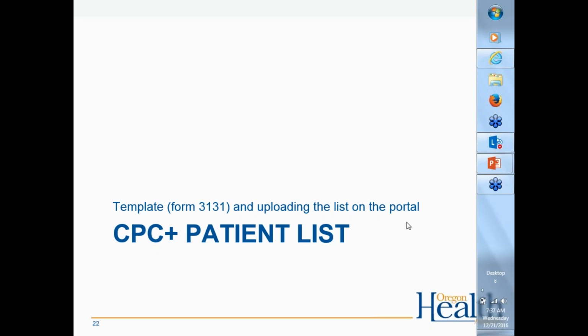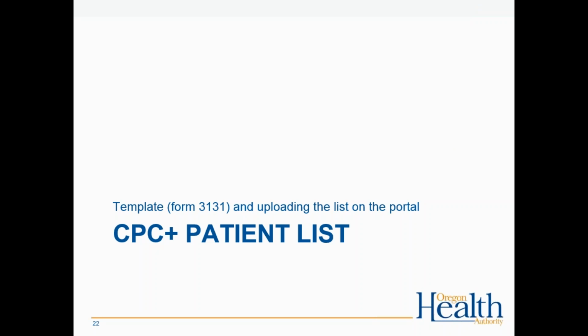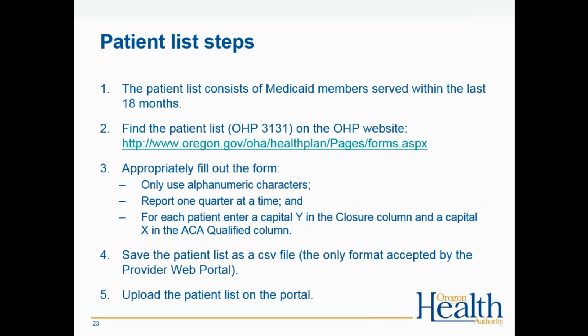So here we are on the CPC Plus patient list, and we're going to talk about the template, that's the Form 3131, and uploading that list on the provider web portal. Your patient list is going to consist of any Medicaid members that you've served within the last 18 months.